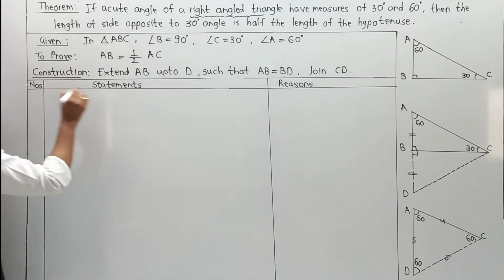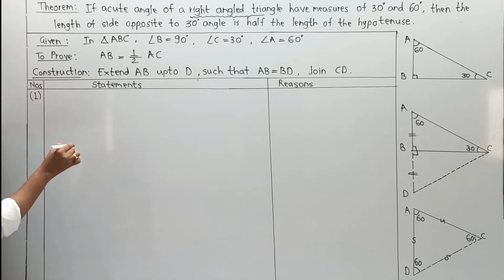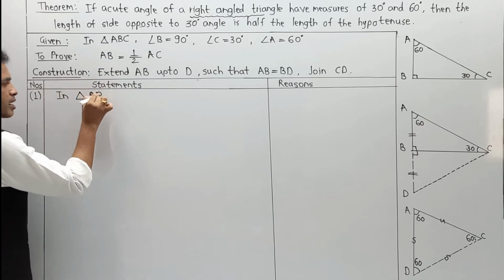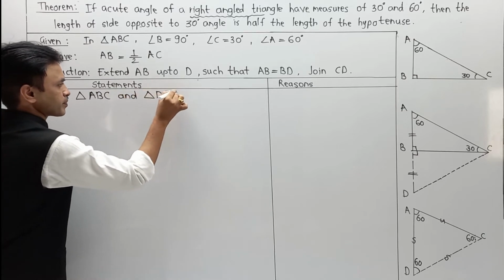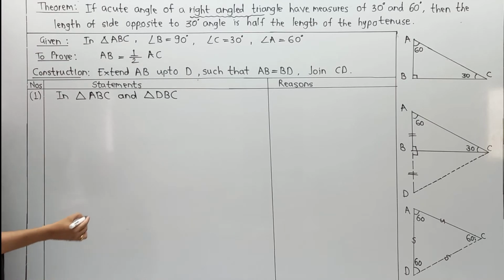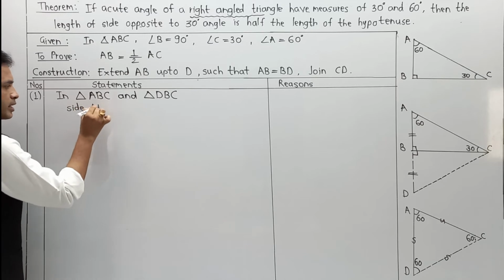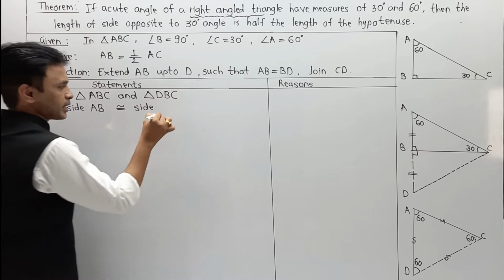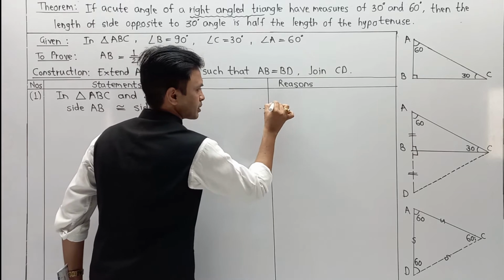One by one: first of all, in triangle ABC and triangle DBC, side AB is congruent to side DB, by construction.